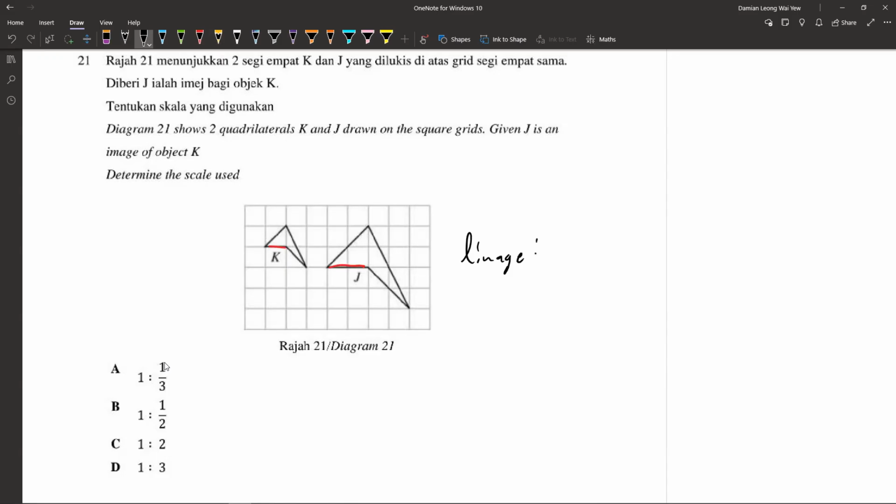It's always length of image to length of object. So it's 2 to 1. Just compare any equivalent side. So 2 to 1, I want to change the first number to 1. So I divide 2 on both of them. So 1 over 2. Answer B.